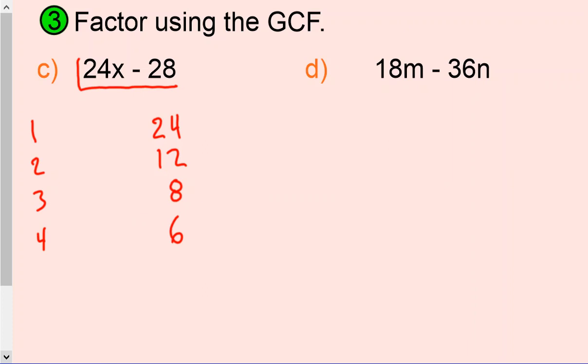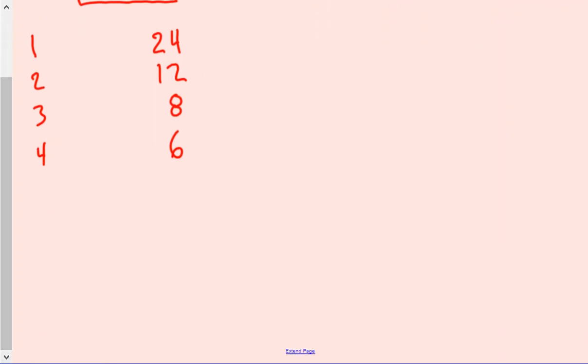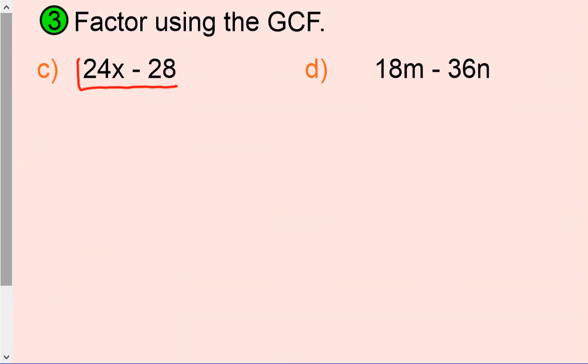And then for 28, we would have 1 and 28, 2 and 14, 4 and 7. Alright, and there we can see the greatest common factor between both of them would be 4. So we're going to use 4 as our greatest common factor.